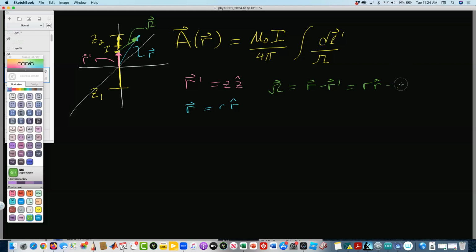Then dl prime points along the current, and that's going to be z hat.